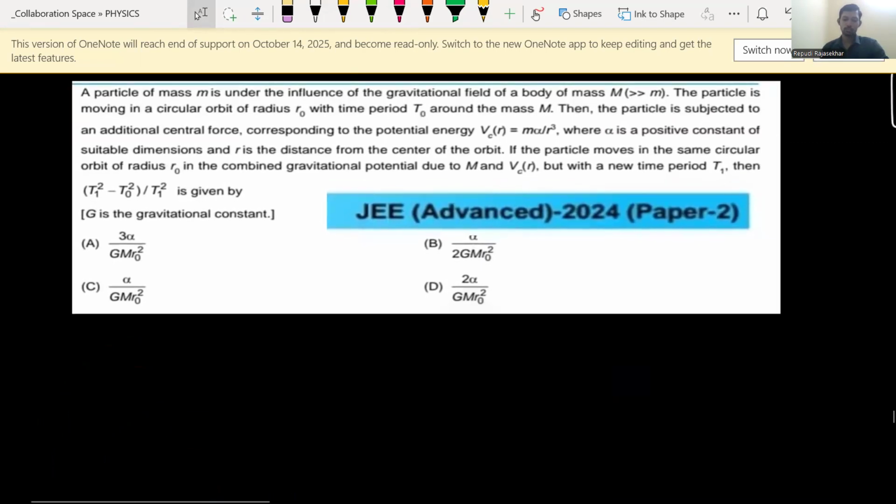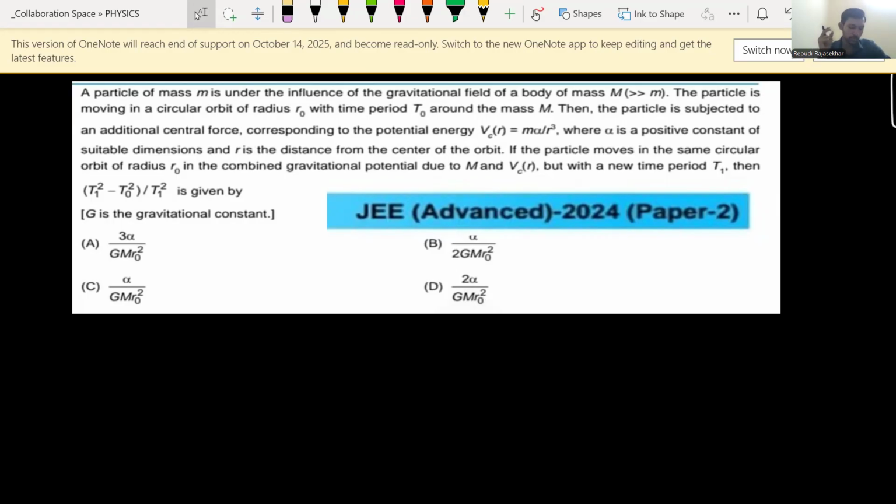Again, just a minute to look at the complete question here. A particle of mass m is under the influence of the gravitational field of a body of mass capital M. Capital M is very much greater than small m.